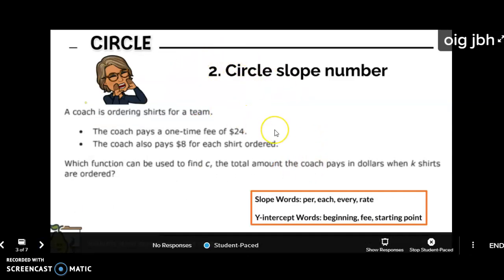Step 2 is to circle the slope number. You should already have an X on the word each, because that's how often it is repeating. Each shirt, right?